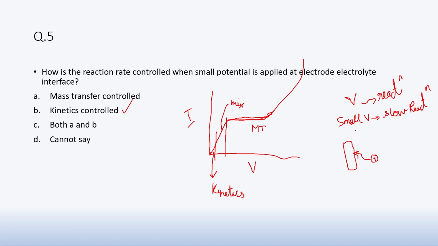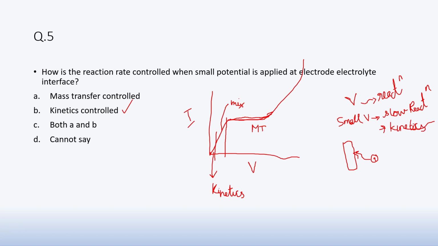In the first case, you have enough ions and it's easy for the reaction to happen, and you say it is kinetics control. In that region, the reaction is happening smoothly, and as potential increases, the current is also increasing. So that is the first region.